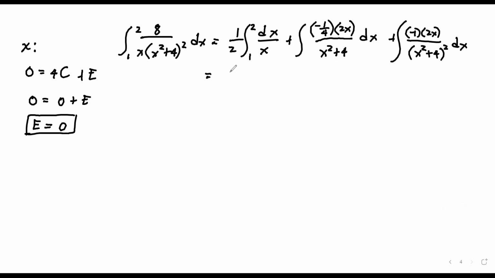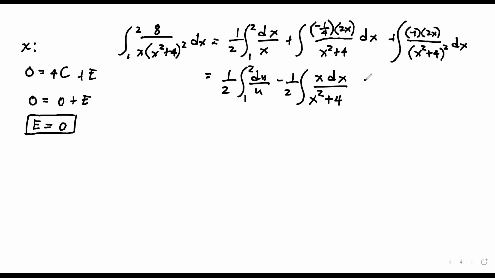So we will have 1 half. This is u over u from 1 to 2. And here we will have negative 1/4 times 2. Negative 2/4, negative 1 half integral of x dx, right? Over x squared plus 4.